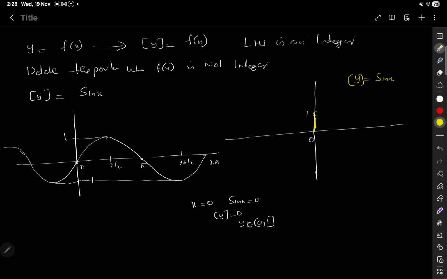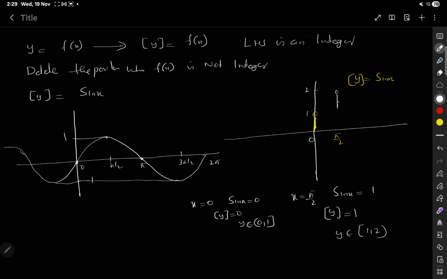Understood? Now what to do? You take pi by 2. At pi by 2, what is the sin x value? 1. So you put x equal to pi by 2. If x is pi by 2, what is sin x? Sin pi by 2, which is 1. So what is your step y? 1. So y belongs to what? 1 to 2, open. Okay, so this is 2. 1 to 2 open. 2 is open.